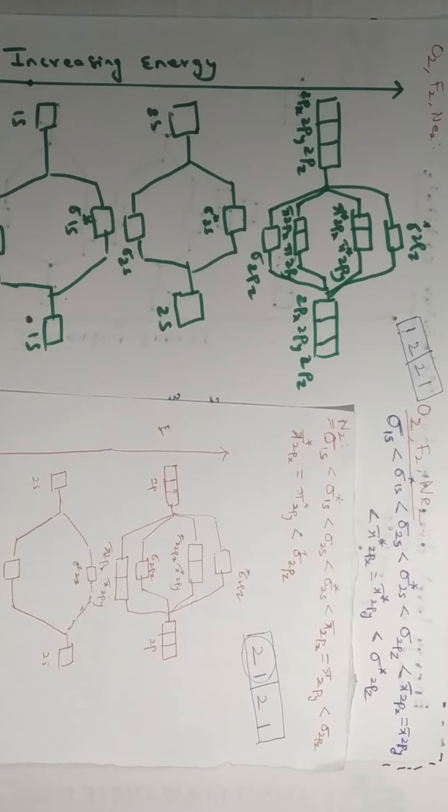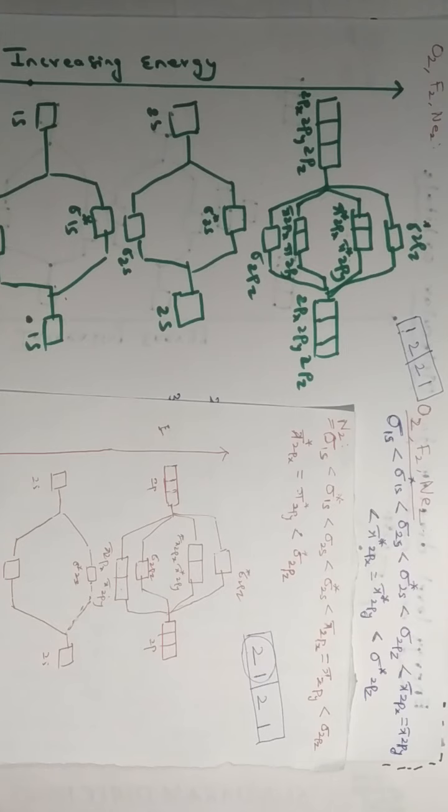Why the molecular energy level diagrams are different for boron, carbon, nitrogen, and oxygen, fluorine, and neon. Generally, it would be expected that the sigma 2p orbital would be of lower energy when compared to the pi 2p orbital, because sigma bonds are generally stronger. Therefore, they are more stable and should be of lower energy.